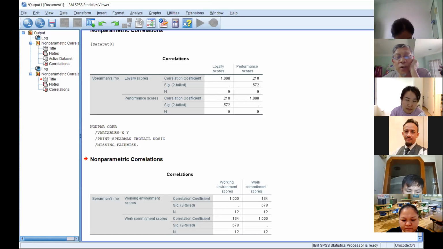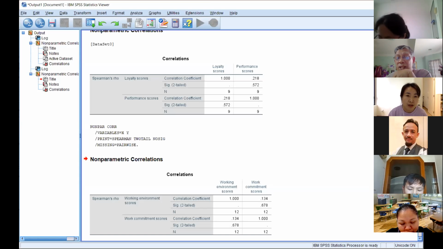For this variable, working environment, it's numeric, is that right? Because when we enter the score, 6, 8, 9, it is numeric. If it is numeric, it can be either interval or ratio, cannot be nominal or ordinal. So should it be interval or ratio?